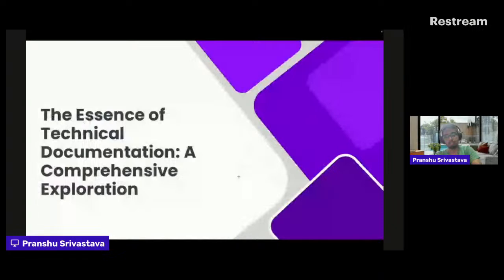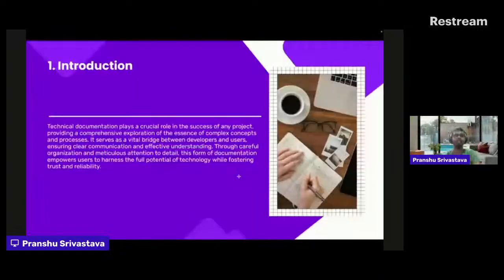So basically, in documentation, there are many types of documentation. We have user documentation, some are contributor documentation, and some are technical documentation. The basic difference is that in technical documentation, there are no abstractions.